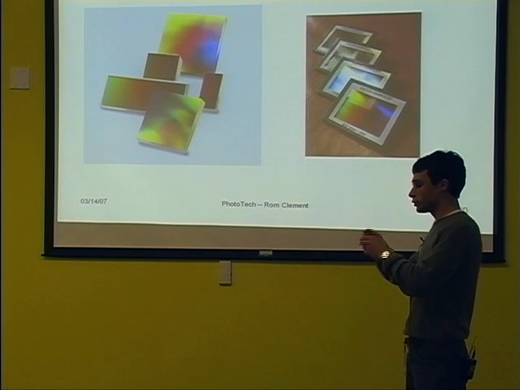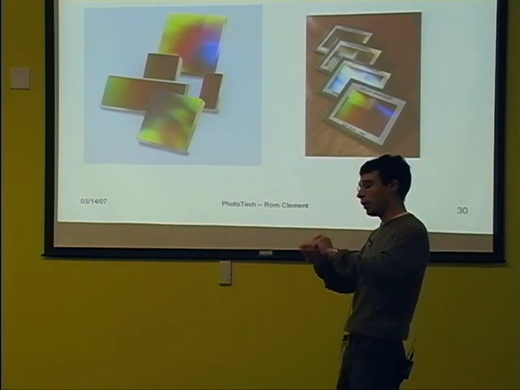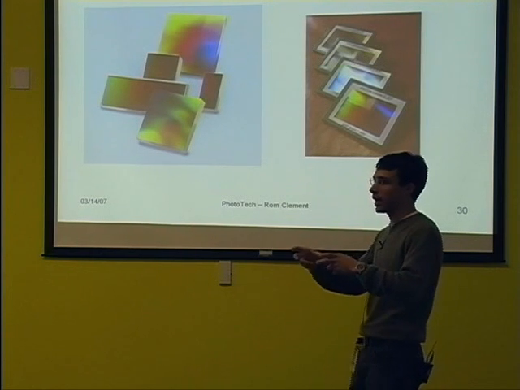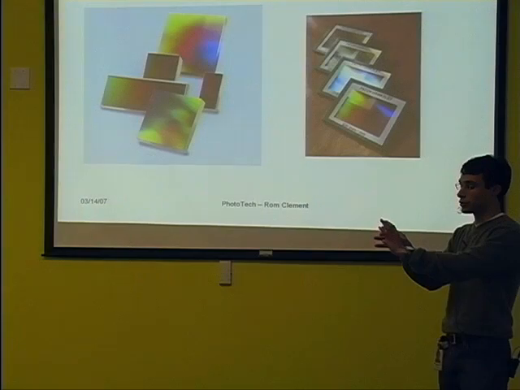And they're also, most of the time, glued on a quite thick piece of substrate or glass just to be very flat and stiff. You can also have a second type of gratings, which are transmission gratings, where most of the time they look like just small slides.